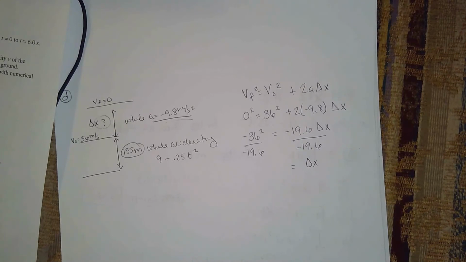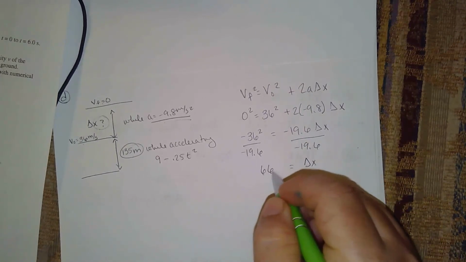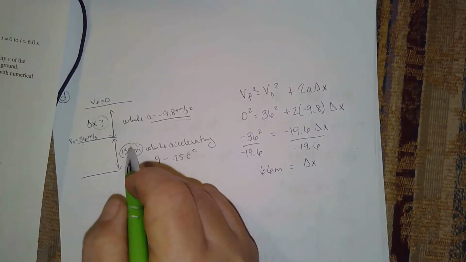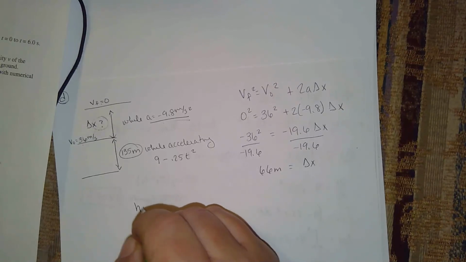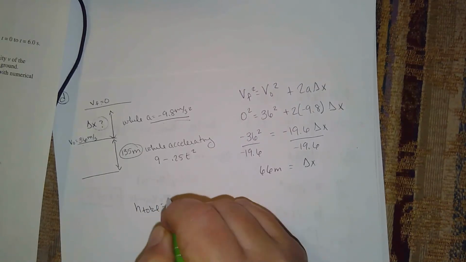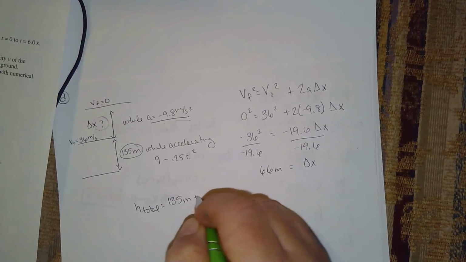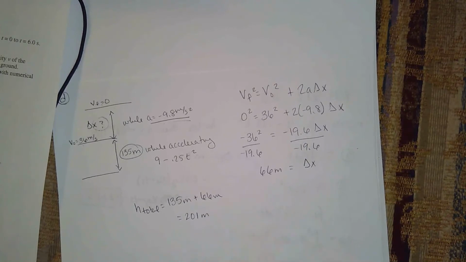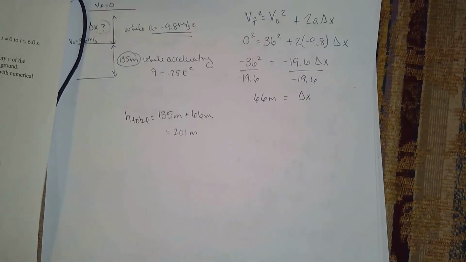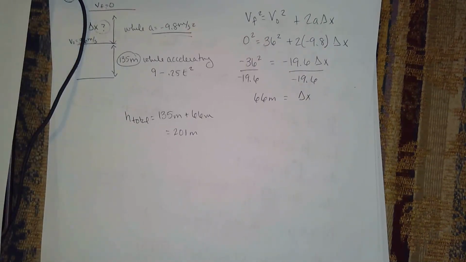So 36 squared divided by 19.6 is 66 meters. So that's what I'm going to add to this. So my total height is going to be 135 meters plus that 66 meters for a total of 201 meters. So that is how high my rocket's going to go at max height.